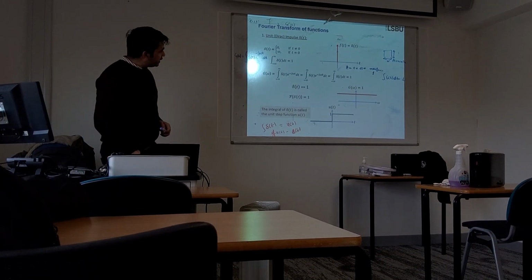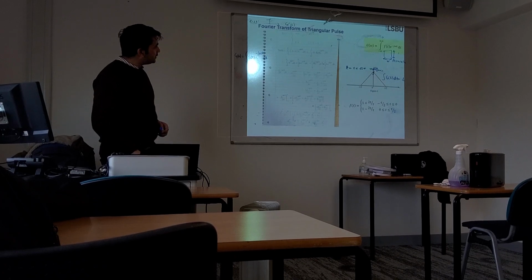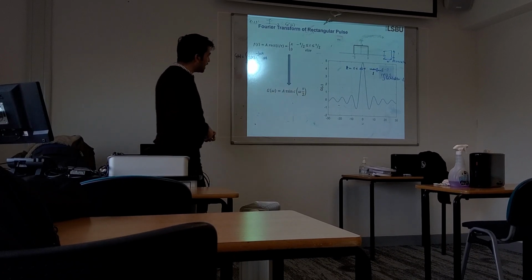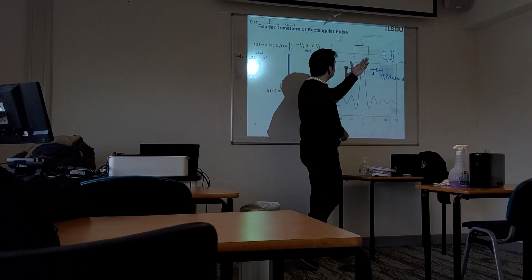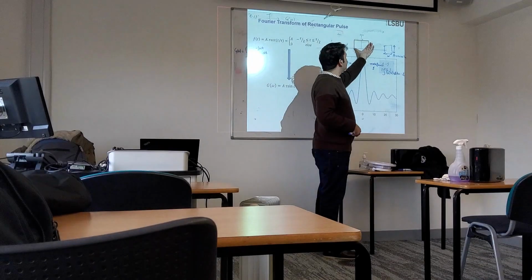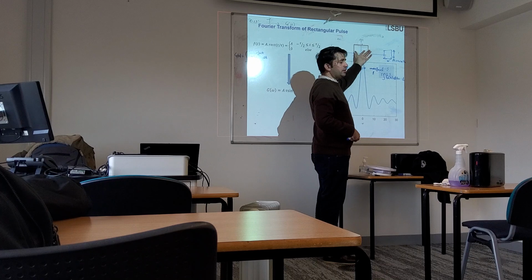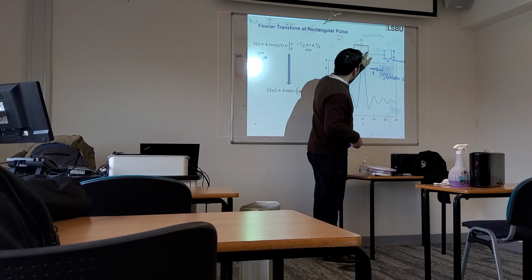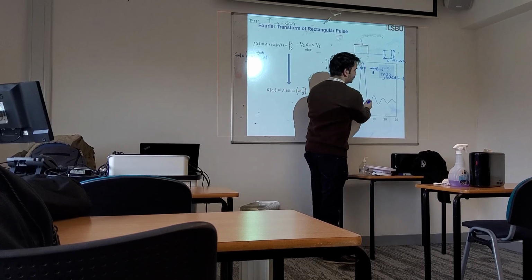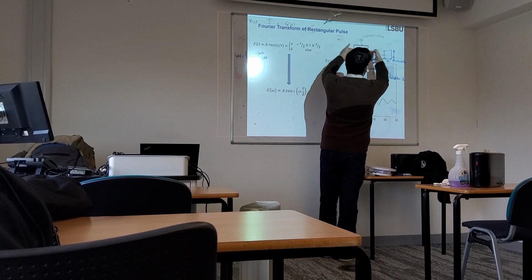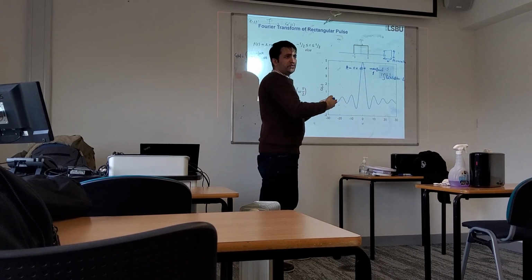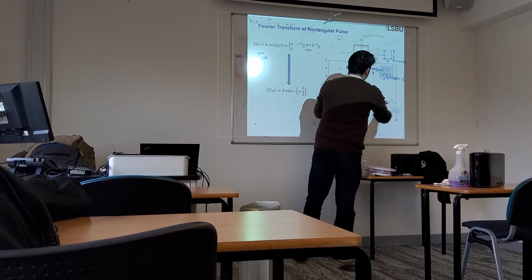So if I go a little bit to the previous case, you can see that this was a rectangular waveform, right? If this is a rectangular form, you have a certain width. If you keep on reducing the width, you will see that this will keep on extending.